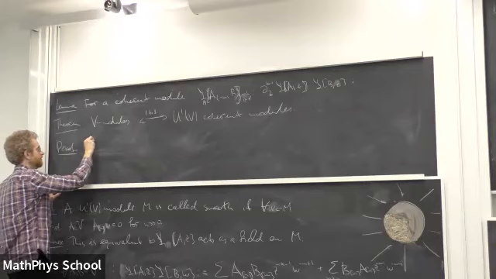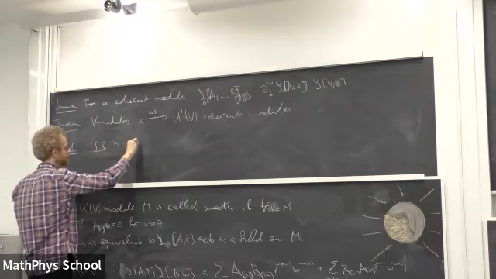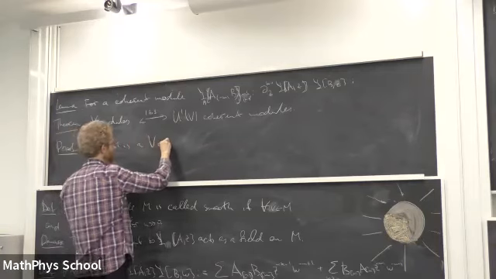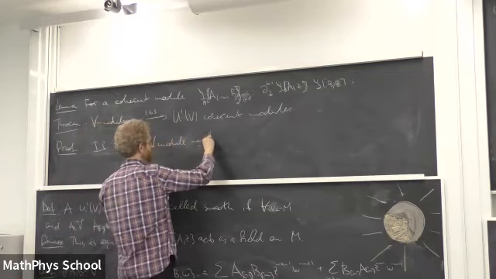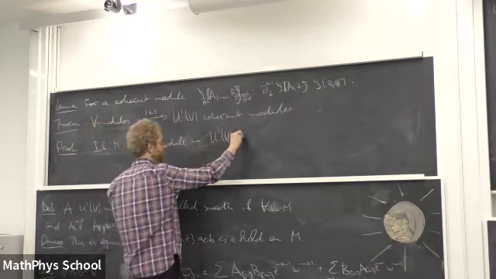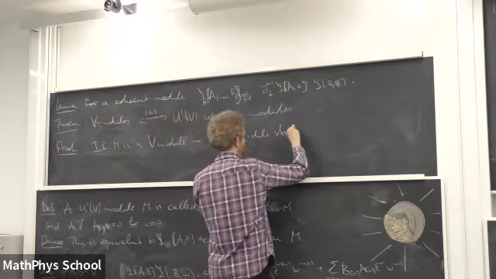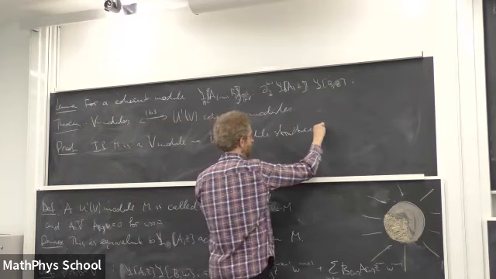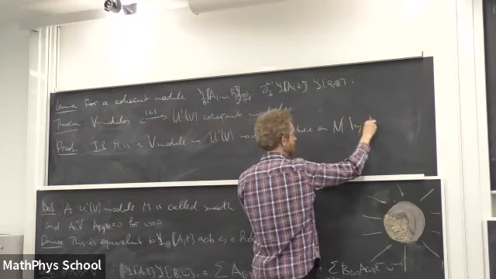If M is a V-module, then we produce a U prime of V module structure on M by how?